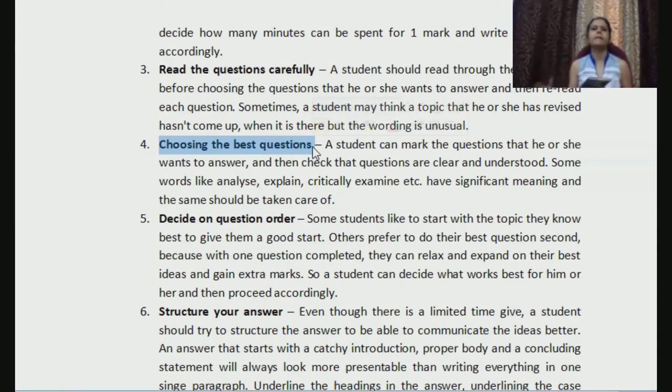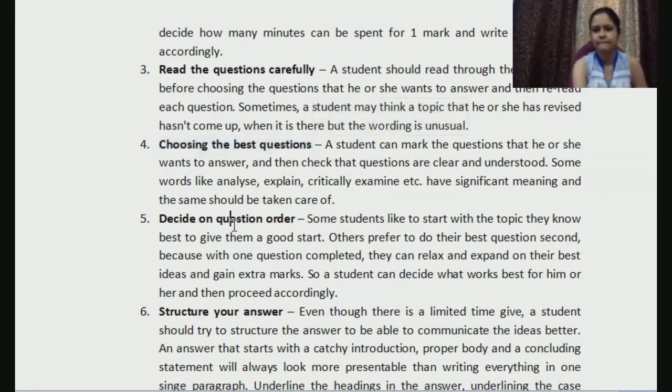But later when you decide to answer it, you know that, oh, I know what is interpretation of statute, but I do not know what are the principles of interpretation. That means it's not the best question that you would go for answering, right? So you need to choose the best question where you know the entire question and not just part of it. Why? Because you need to answer the entire thing, whatever is there, right? So you can read the entire question and decide whether you know it or not.